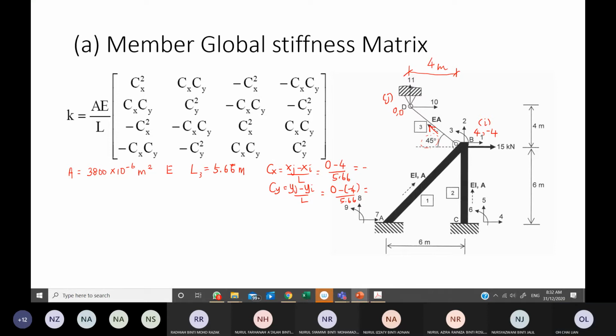Negative 0.707, and supposedly this will be positive. Positive. Okay, so next we need to calculate cx squared, cy squared, and cx cy.